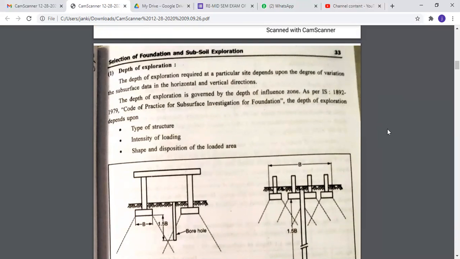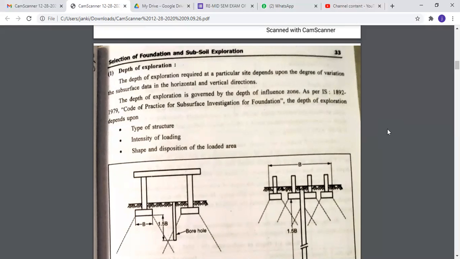We start with the first topic, the depth of exploration. It depends on the particular site and the degree of variation of subsurface data in the horizontal and vertical directions. The depth of exploration is governed by the depth of the influence zone, as per IS 1892 1979, code of practice for subsurface investigation for foundations.